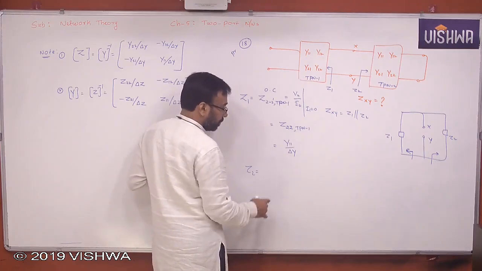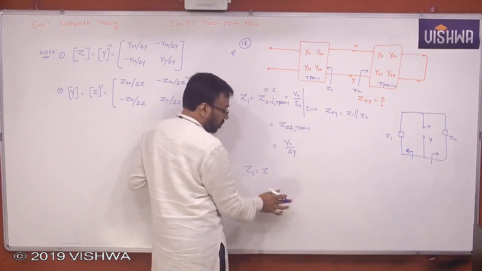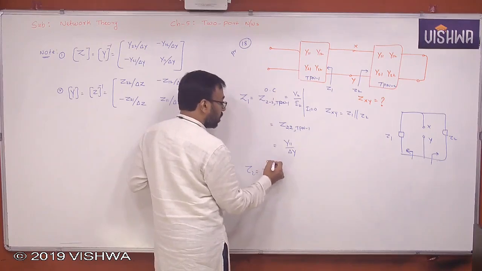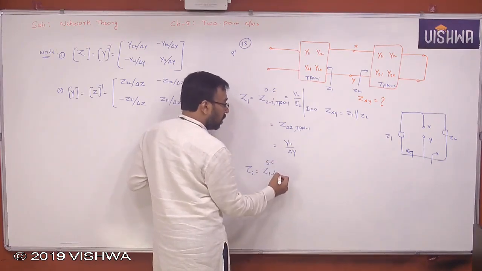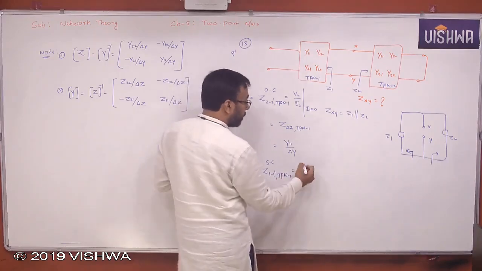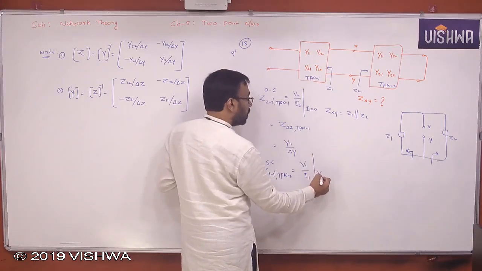Z2 is Z11 of the short circuit two-port network 2. That's nothing but V1 by I1 when V2 is 0.